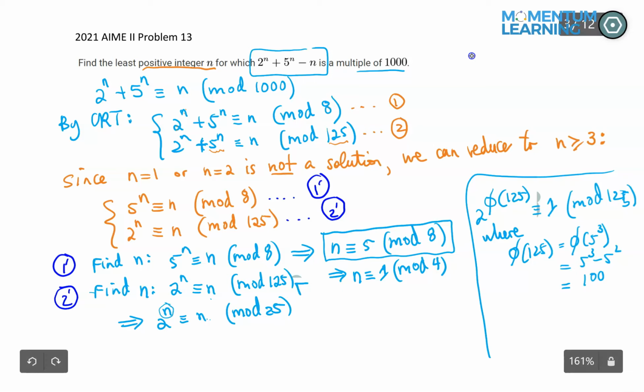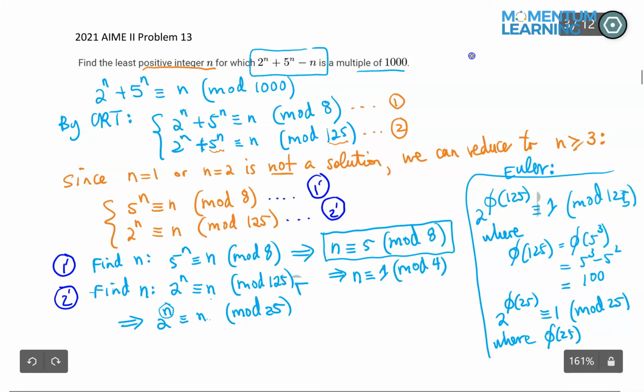So what it tells us is, if you want to compute this modulo 25, I need to know the value of n in this exponential form. But we know by Euler's theorem, again, that 2 to the phi of 25 is congruent to 1 modulo 25, where clearly phi of 25, the number of numbers less than or equal to 25 which are relatively prime to 25, is just 25 minus 5, that's just 20.